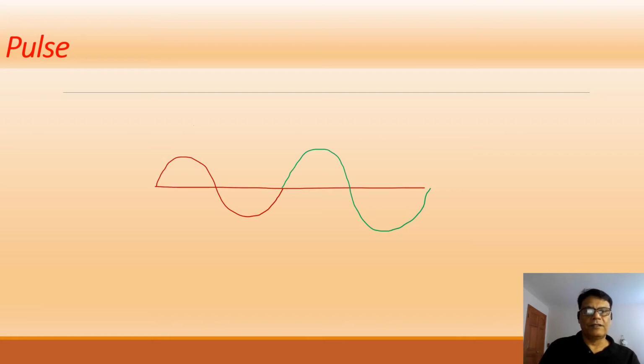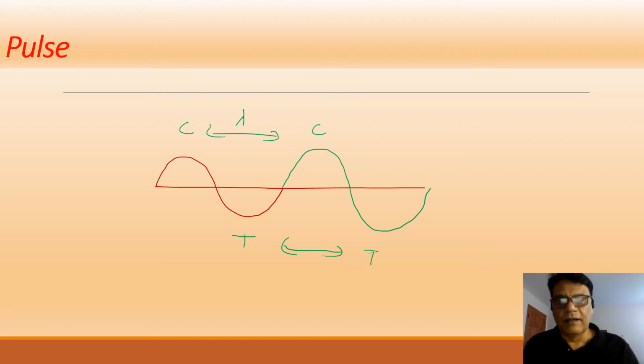The distance between two consecutive crests, or two consecutive troughs, is the wavelength, and wavelength will define whether the pulse is longer or shorter.